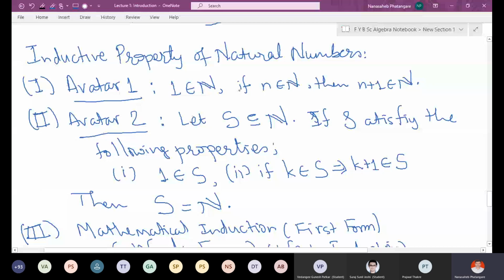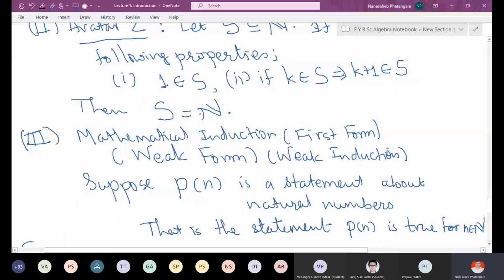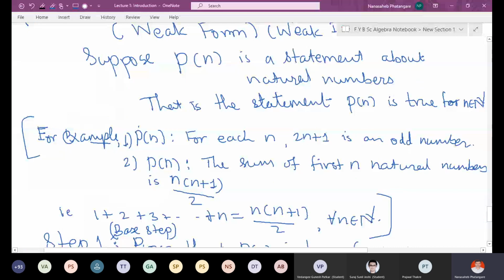Again there could be a natural question in your mind: who defined these inductive properties? How do we get these inductive properties? Let me tell you how these inductive properties came here. In calculus 1 you will study the various properties of real numbers, and people wanted to have a set which is a nice set and which is useful in our day-to-day life.